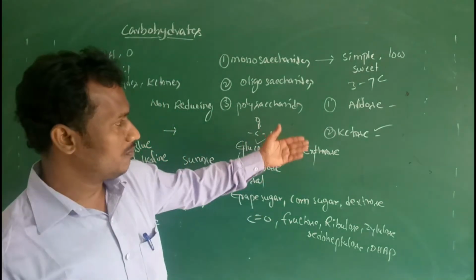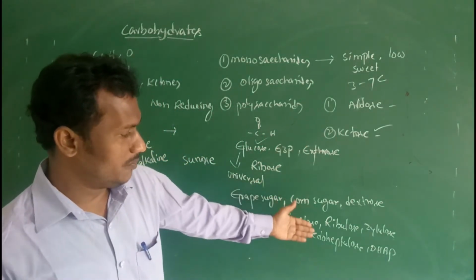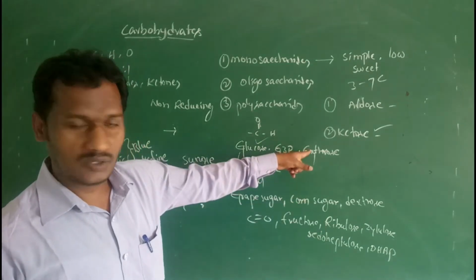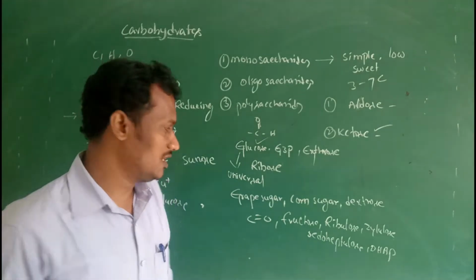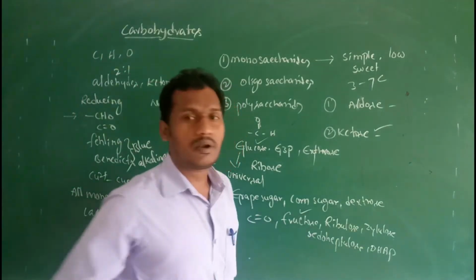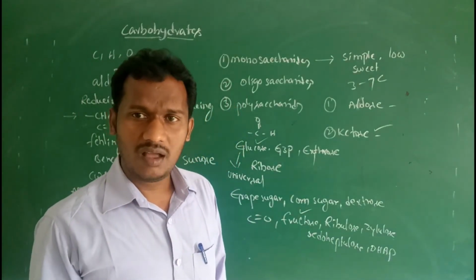Ribose is an aldose sugar, while ribulose is a ketose. Among these, fructose is the most common.